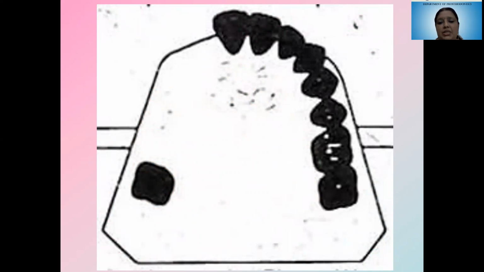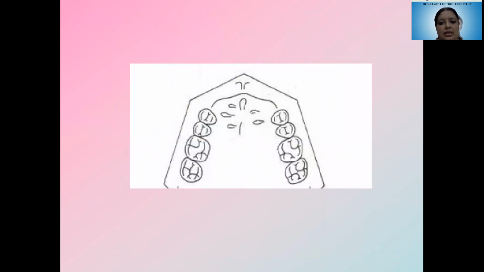This unilateral single edentulous area with teeth present both anterior and posterior to it is a Kennedy's class 3 situation. Here, a single bilateral edentulous area anterior to the remaining natural teeth crosses the midline. So it is a Kennedy's class 4 situation.